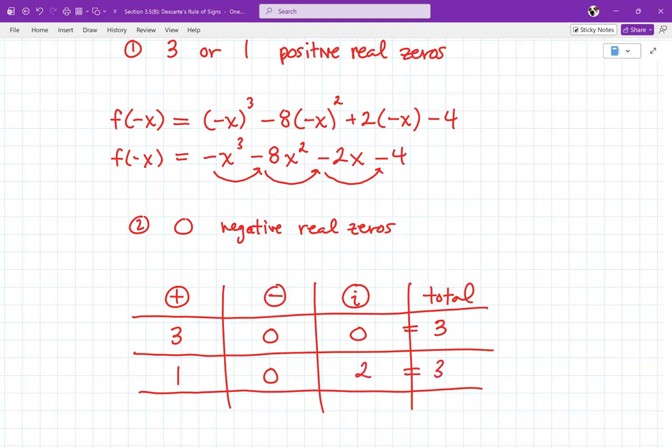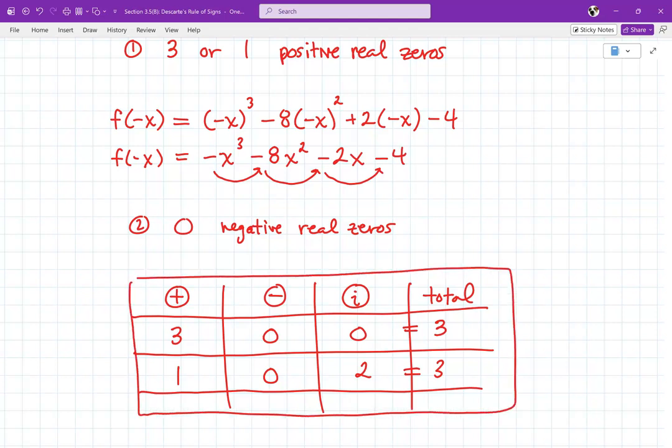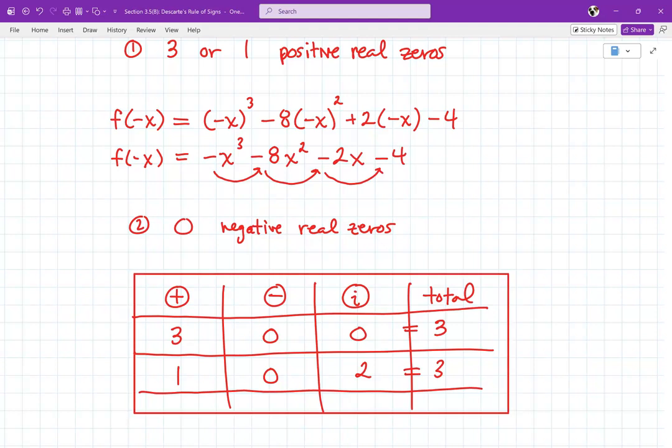And that's 3. And this problem is done. If you're wondering, how do you know it's done? Because I've exhausted my options for positive real solutions. I can either have 3 or I can have 1. I can't have 0. I can't have 2. So that would be my answer to this one. If you have 3 positives, that's all you're going to get. If you have 1 positive, you'll get 2 imaginaries.